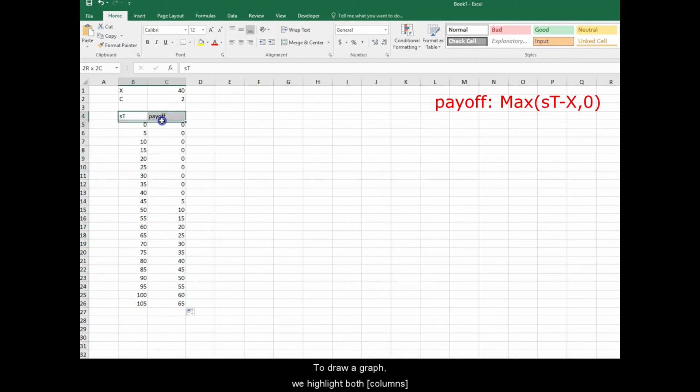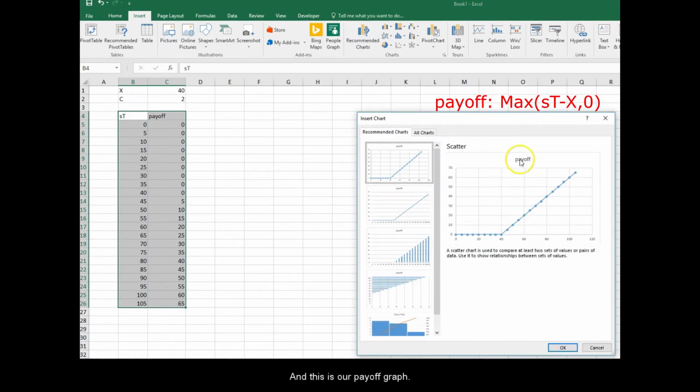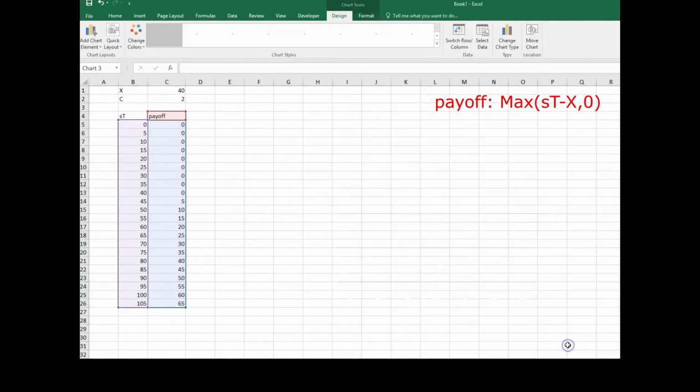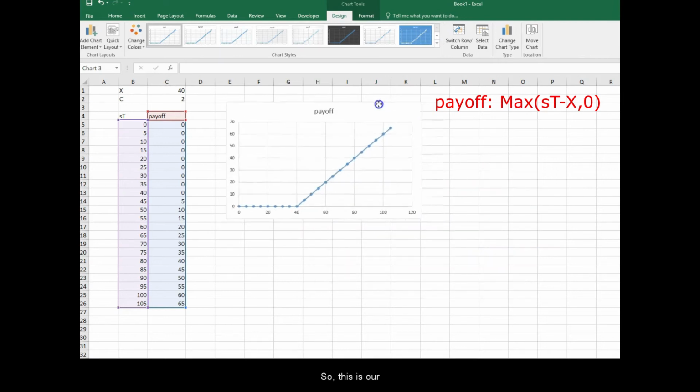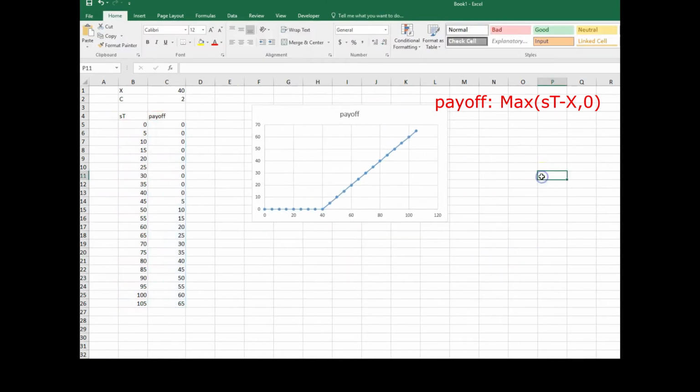To draw the graph, we highlight both. We click Insert. We click Recommended Charts. Then this is our payoff. Okay. So let's calculate profit or loss.